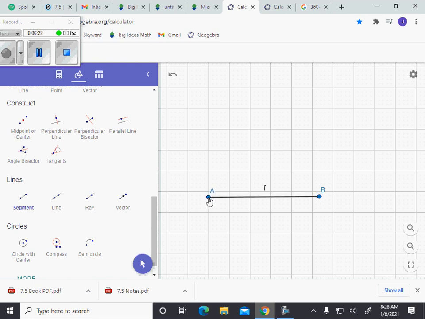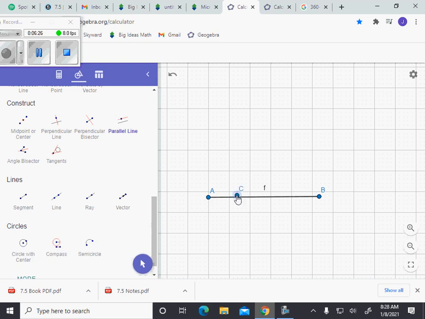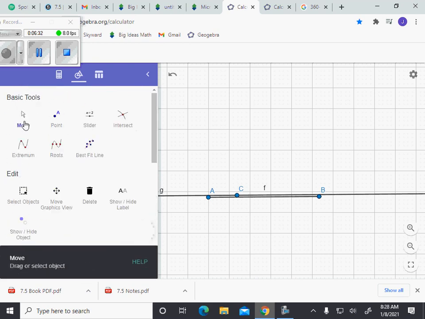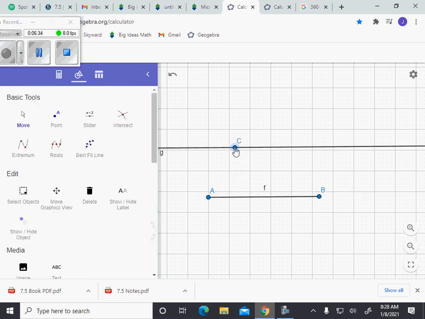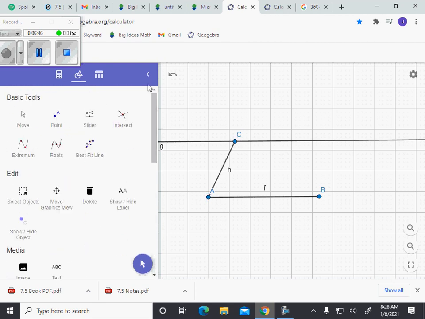Okay, I need a parallel line to this. So if I scroll up and drag that point somewhere, there we go. Again, I'm just constructing this shape here.